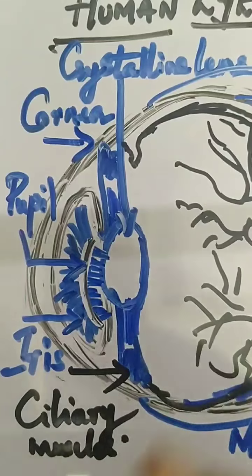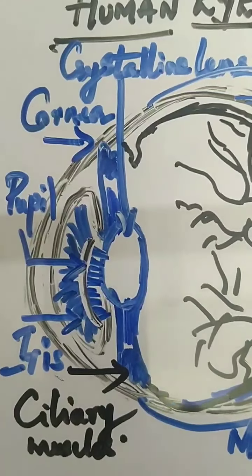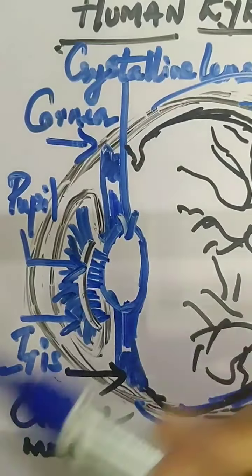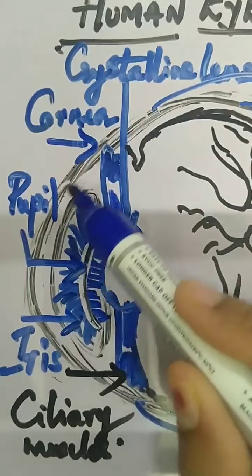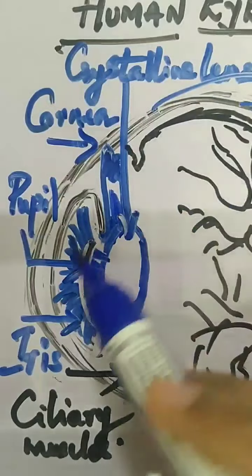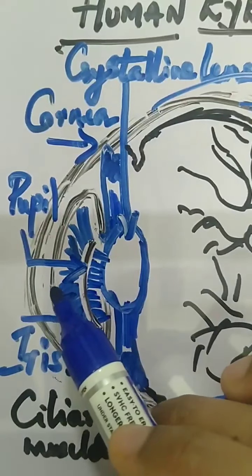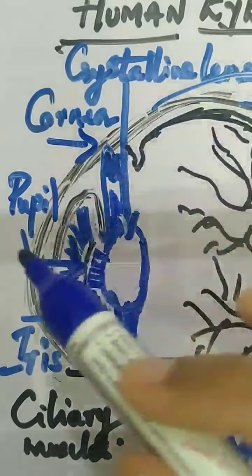Understand the function of each and every part of this human eye. To begin with, the covering of the human eye. We started with the cover. That cover is called the cornea, as we discussed before. Cornea is nothing but a coat like the one you put on your book cover.